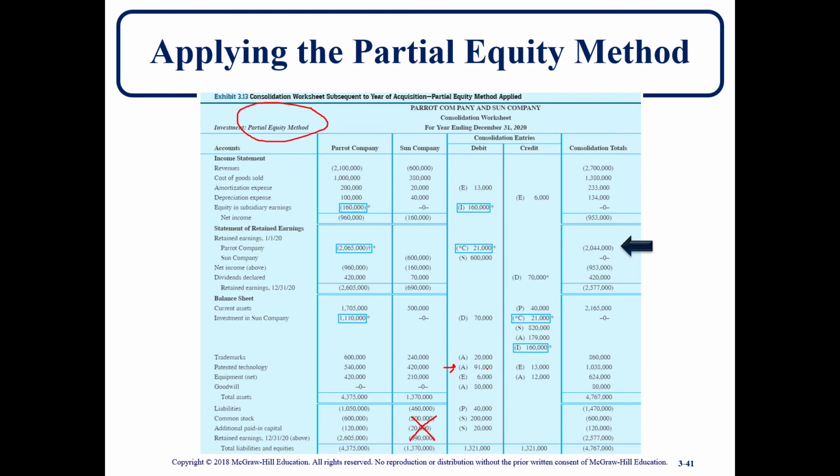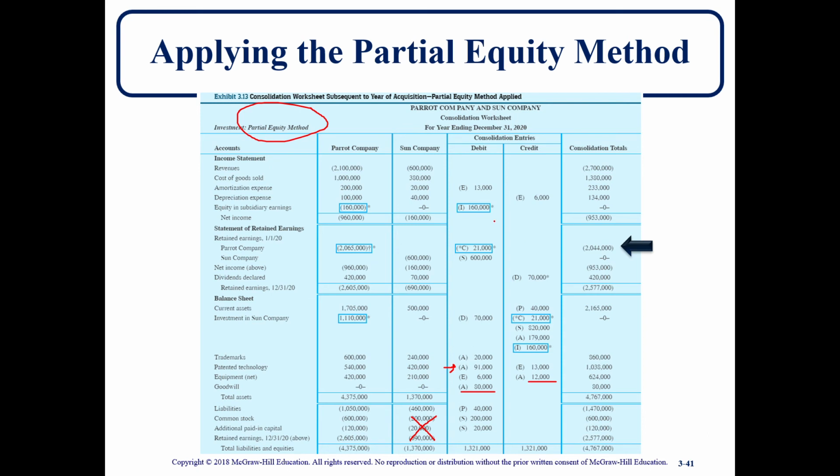This was the difference between the patented technology book value and fair market value as of date of acquisition, less any accumulated amortization. The same thing with the equipment, so you want to refer back to that. And then we also have to record once again this goodwill. So that's for entry A.